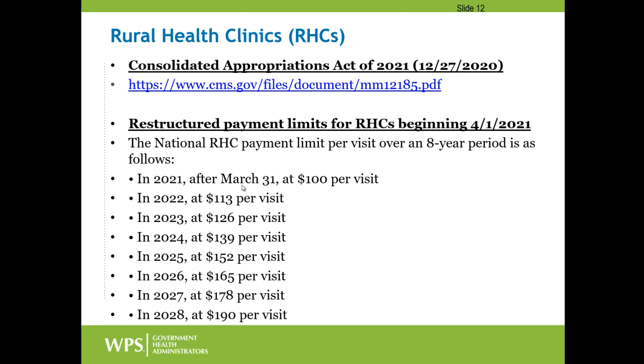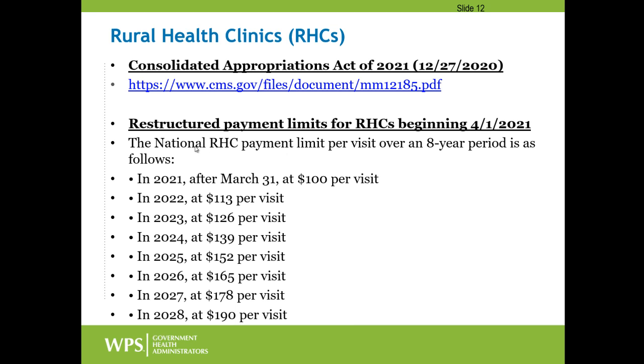It changed how RHCs are reimbursed. This is for RHCs beginning 4/1/21. So the legislation took effect technically January 1st, but the rule, the payment change took effect 4/1/2021. We'll see in a bit what that means.